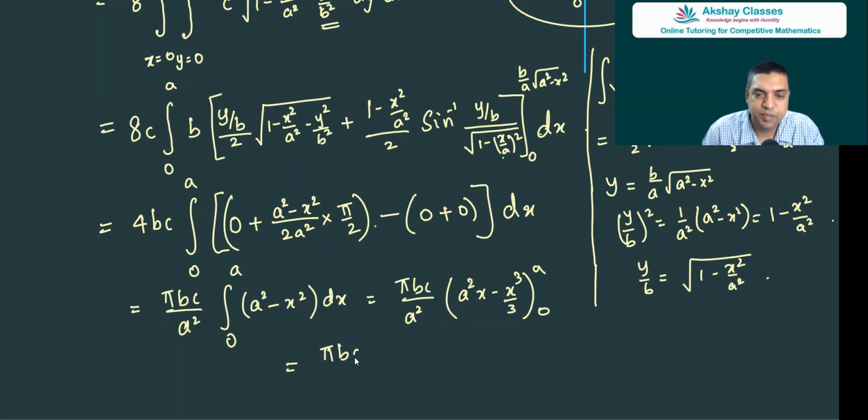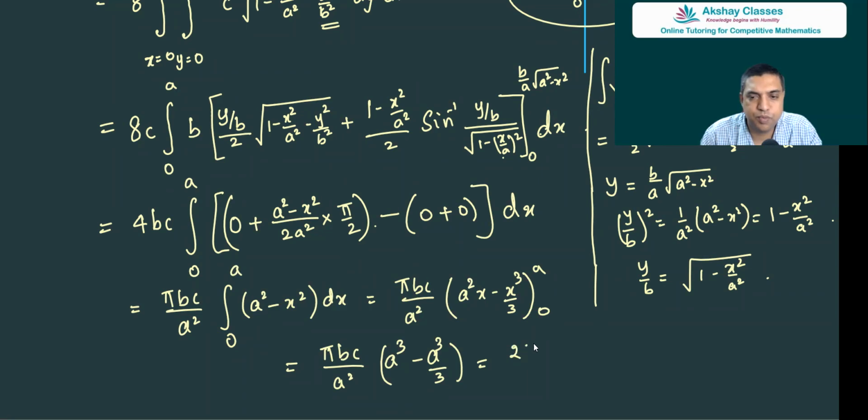So pi bc by a square into a cube minus a cube upon 3. So we get 2 by 3. So the volume is 2 pi abc by 3.